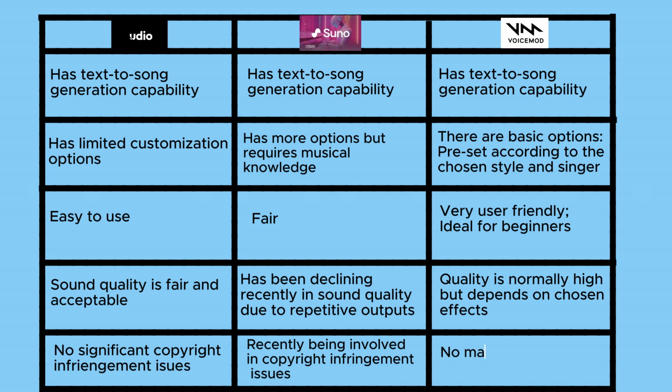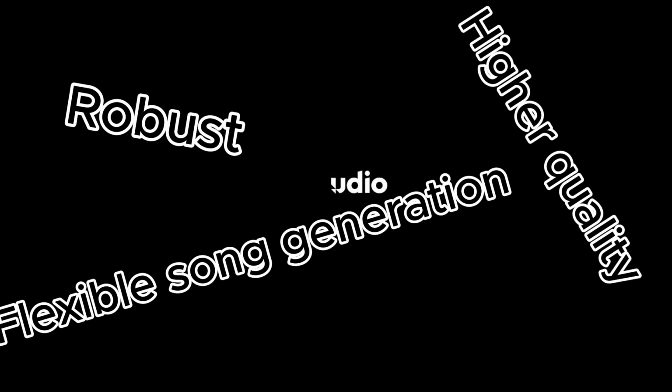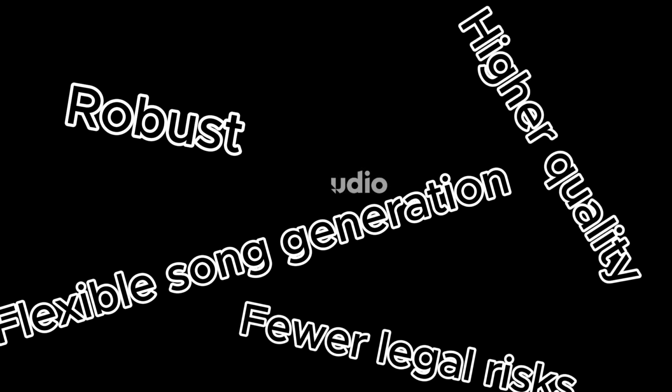For Voicemod AI, there are no major issues reported. Personally, I choose Udio AI for its robust and flexible song generation abilities, at the same time ensuring higher quality and fewer legal risks.